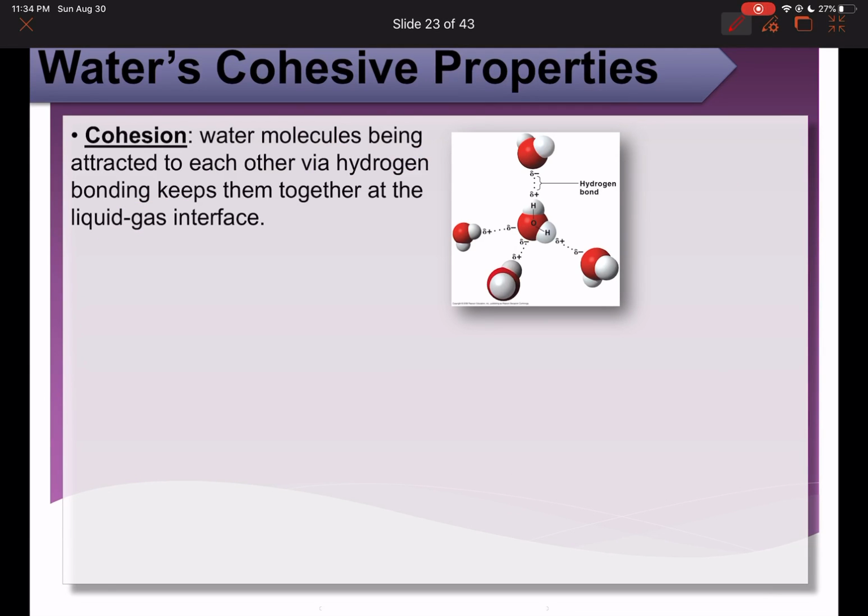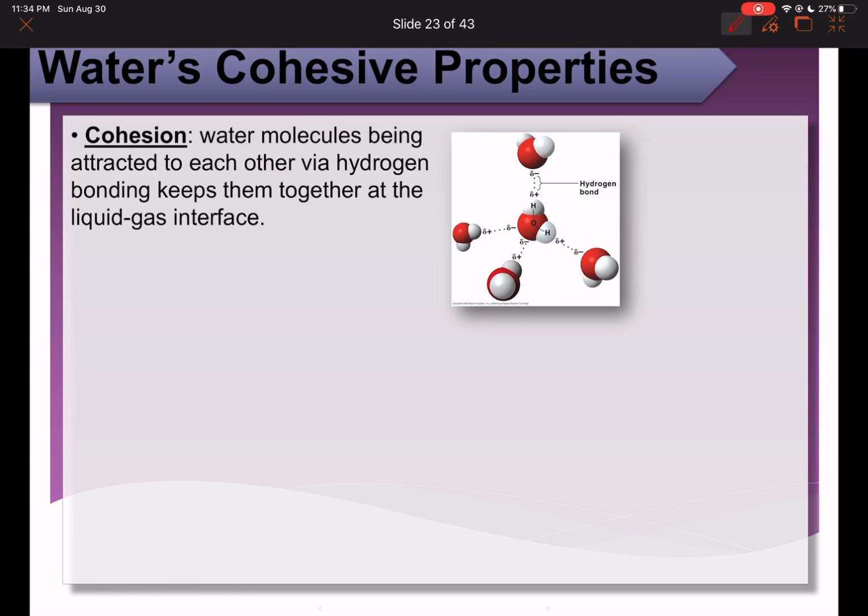Now, there are two more properties of water that are a result of the polarity of water molecules. You have cohesion and adhesion, and we'll talk about cohesion first. These two properties sound very similar, cohesion and adhesion, but they mean two different things, so be sure you understand the difference between the two.